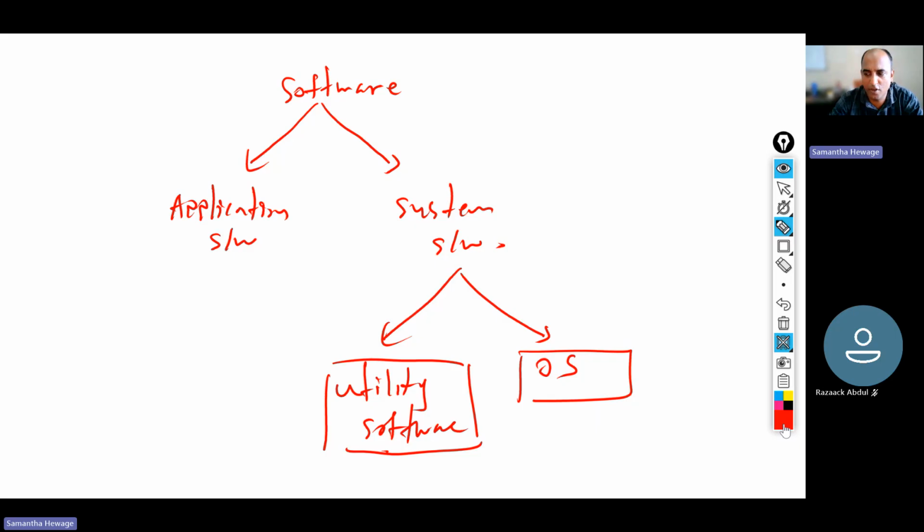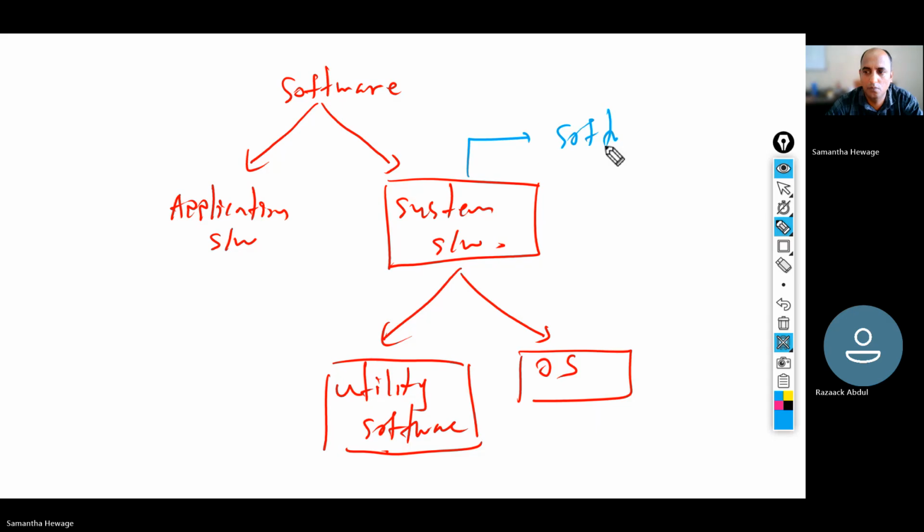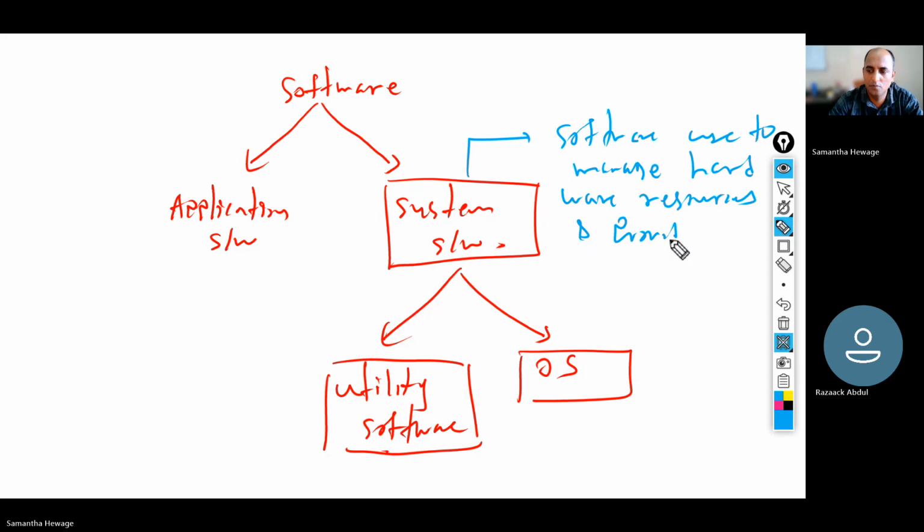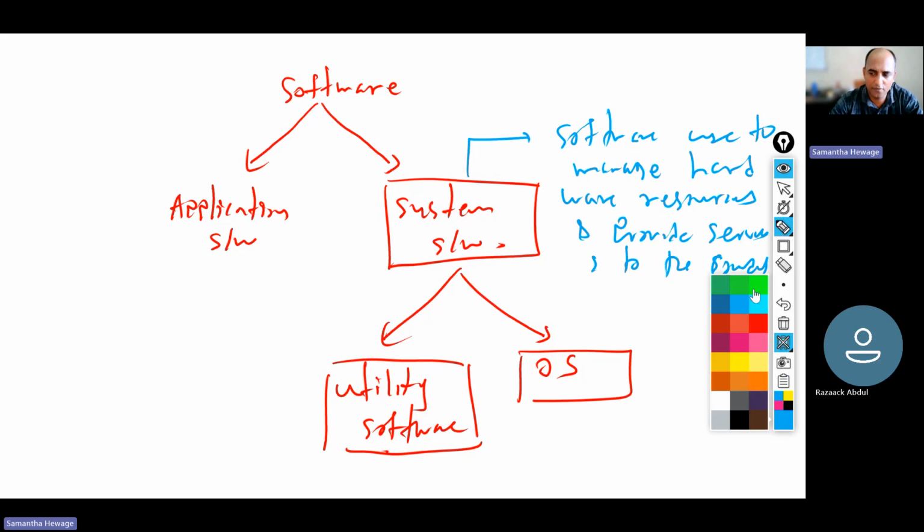What do you mean by system software? This is the software used to manage hardware resources and provide services to the computer. That is called system software. Then application software.